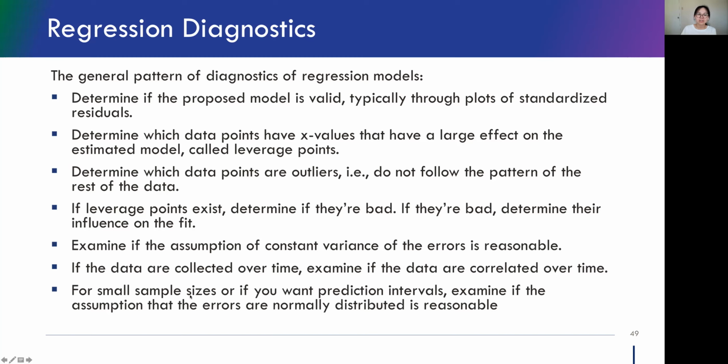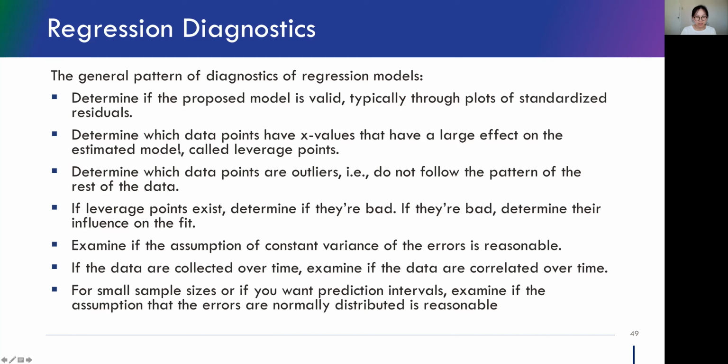If your data size is small and you want to do prediction intervals, you'd better check the normality assumption, whether the errors are normally distributed, by looking at the QQ plot. If the data size is big, it should normally be okay, but it's always good to check. So again, these are the general steps, or all the aspects you need to consider when you're trying to evaluate your regression model.